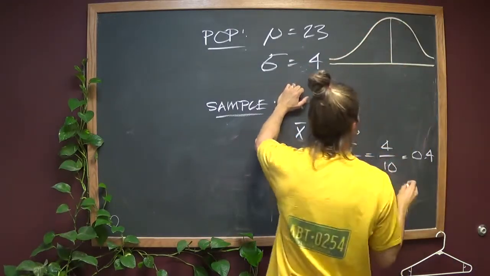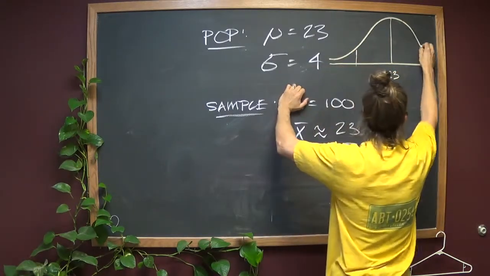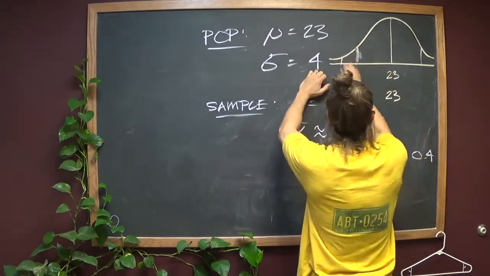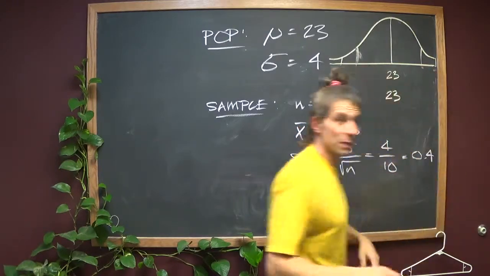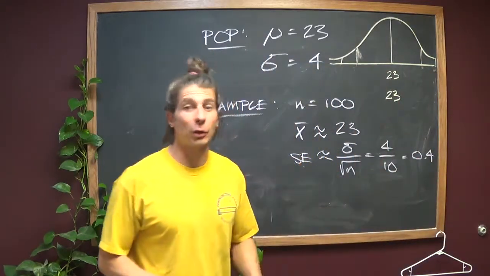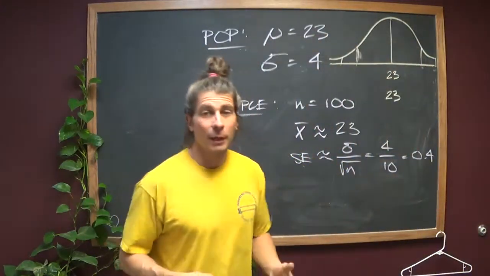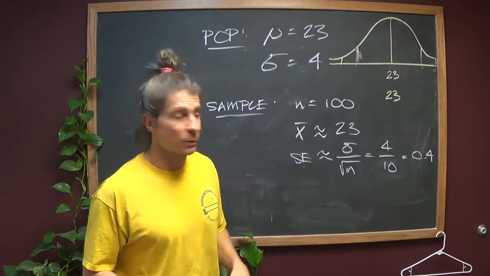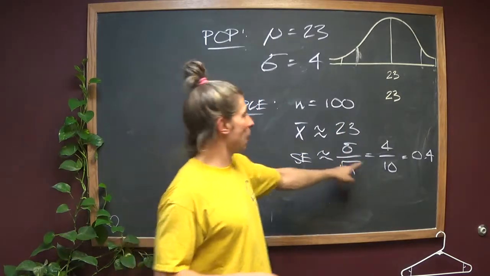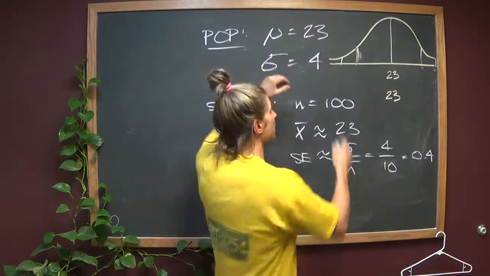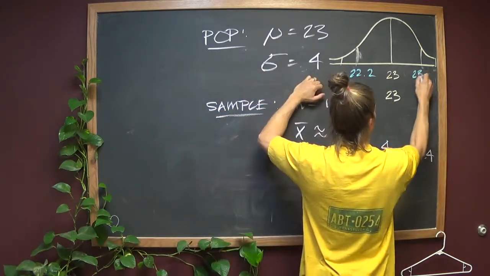Okay, your average is going to be 23 for both of them. 95 and 99.7 are the endpoints of 2 and 3 standard deviations, or in this case 2 and 3 standard errors, which is interchangeable as far as the areas go. Definitely contextually different, but interchangeable as far as the area goes. So 23 down 2 standard errors is going to be down 0.8, which will be 22.2. And up 0.8 will be up to 23.8.